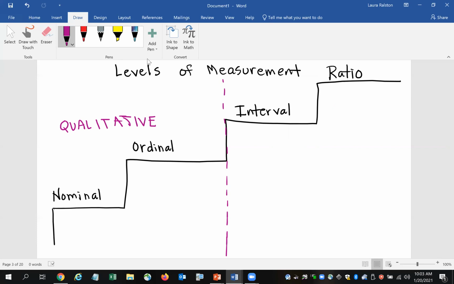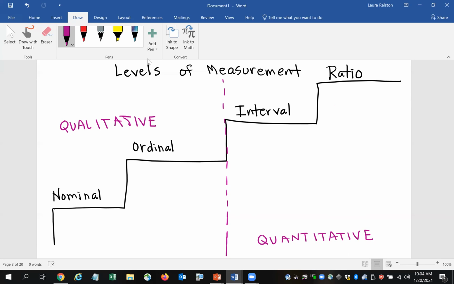For interval and ratio, once you hit that 3rd step, now you're talking about quantitative data, whether it's discrete or continuous. That can help you out, because if you've decided from the beginning that you have qualitative data, which is words or phrases, maybe a number that we don't calculate with, then I'm only going to consider whether that particular data would be nominal or ordinal.